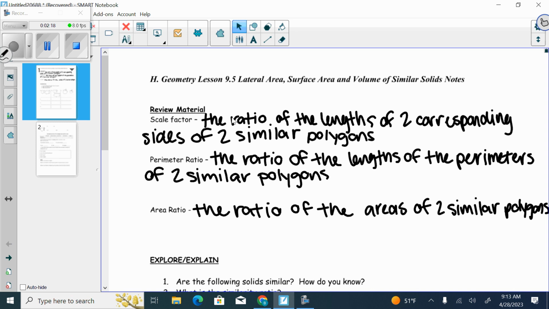So just a quick reminder that since our perimeter and scale factor ratios are the same, a scale factor or perimeter ratio can be written as what we say A over B, right? So what does that mean that we write our area ratio as? We only square the B? A squared over B squared.